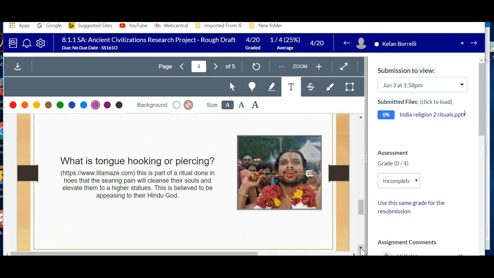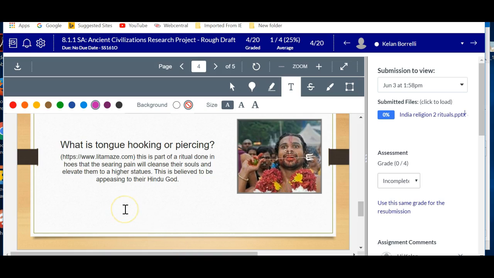Now on the third slide, you wrote, what is tongue hooking or piercing? Let's put the citations at the very end like you have been, and make sure that you start the beginning of the sentence with a capital T. So this is part of a ritual. Let's move it up a tad.